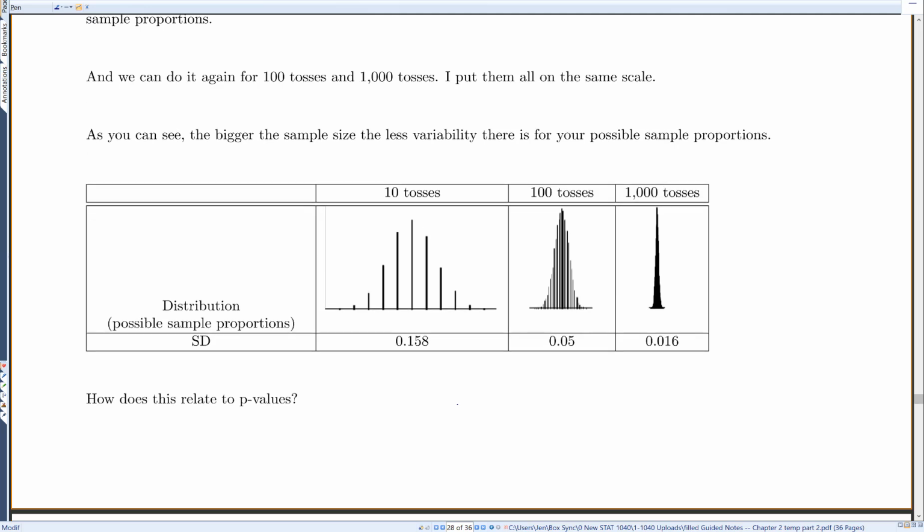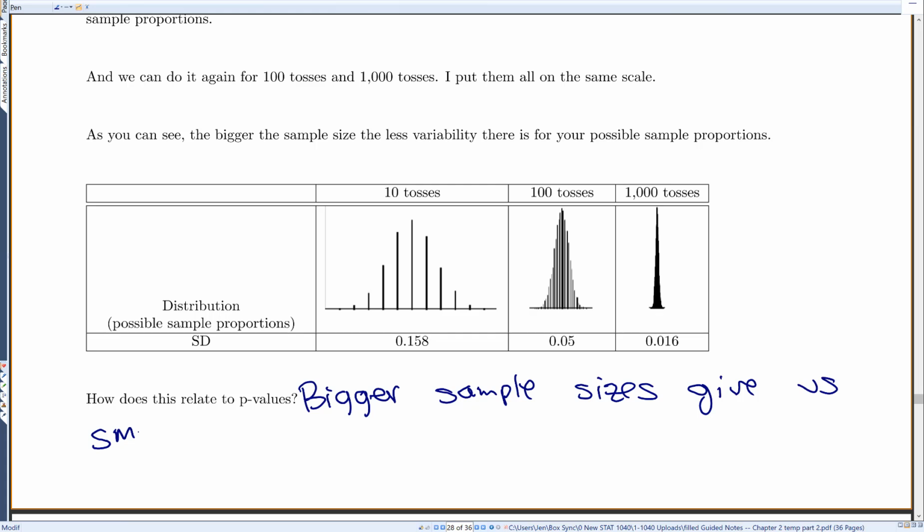So what this means is that bigger sample sizes give us smaller p-values, for the same sample proportion.